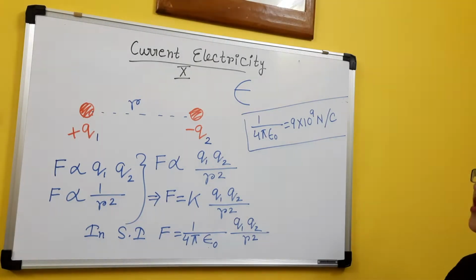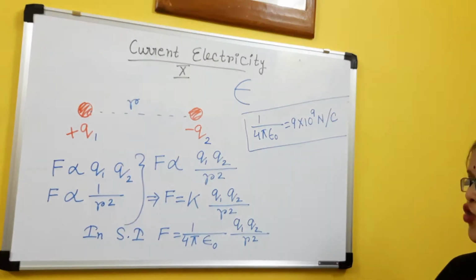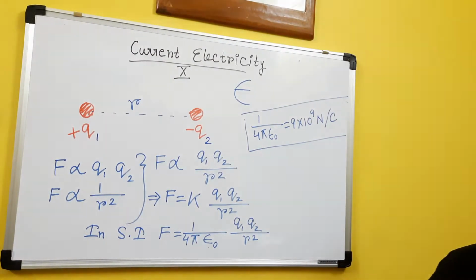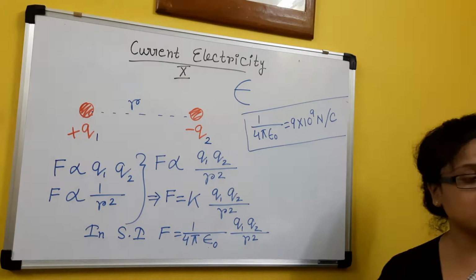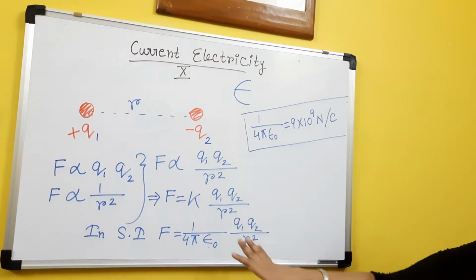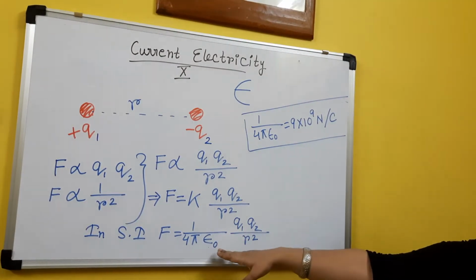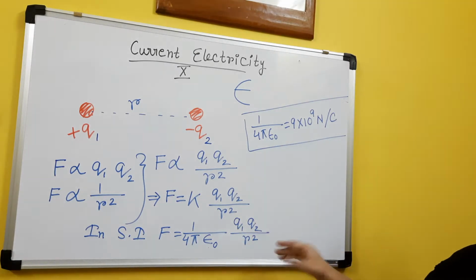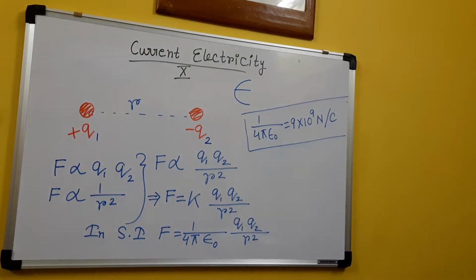If I am asking what is 1 Coulomb charge, then you have this idea from Coulomb's law, that is F equal to 1 by 4 pi epsilon 0 q1 q2 by r square. Then what is 1 Coulomb?